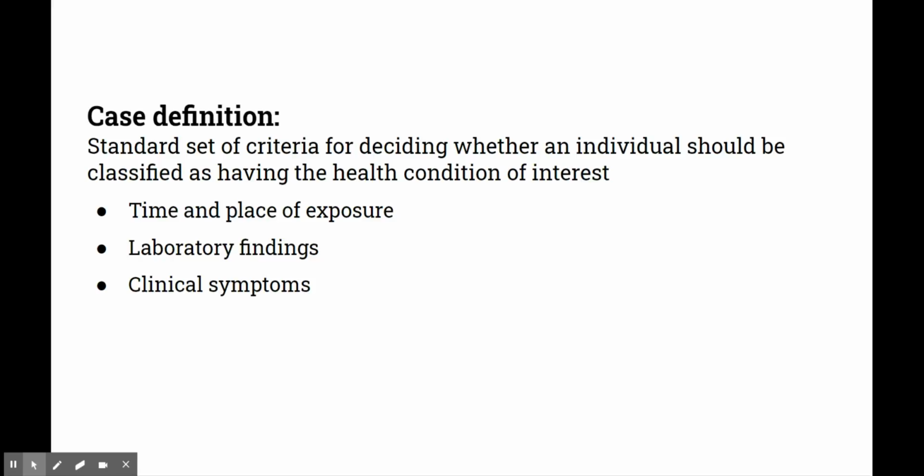So, epidemiologists put together what is called a case definition, which is basically just a series of criteria. Think of it like a bunch of check boxes. You need to go through this list and say, okay, do you have these symptoms? Were you in this place at this time? It's basically just a set of criteria that you use to ascertain whether someone should be counted or not.